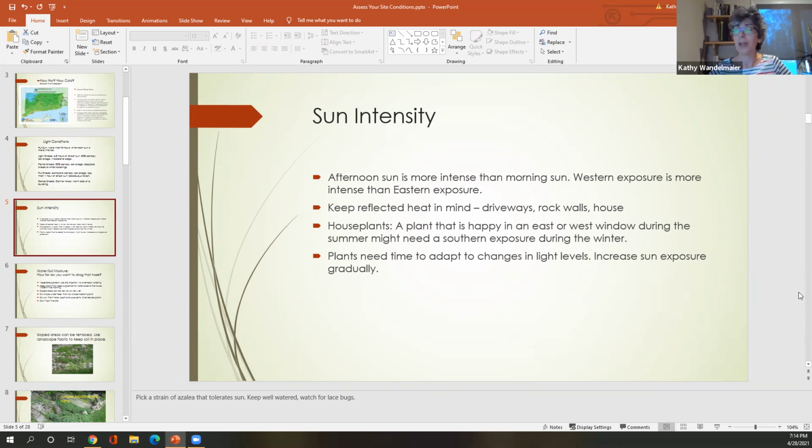Plants, by the way, will grow sun leaves, a different set of leaves for the type of sun exposure they have. For example, I have a Brugmansia. I don't know if anyone's familiar with Brugmansias. It's a very tropical looking plant with big leaves, and it has those downward bell-shaped flowers, which are very fragrant in the evening. It's a pretty common plant that people like to overwinter.